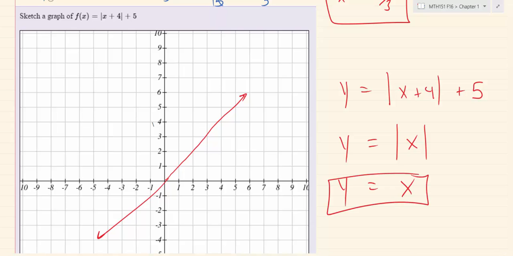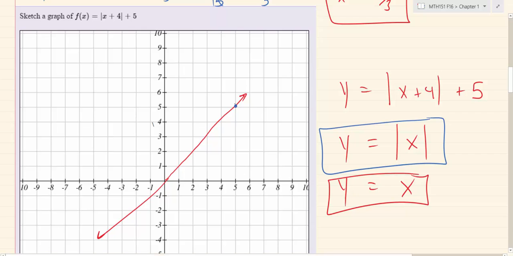Now let's graph the absolute value. What does the absolute value do to a number? Makes it positive, right? Absolute values are always positive. So when you have a value here that's positive 5, what's the absolute value of positive 5? Positive 5. What about positive 4, positive 3, positive 2, positive 1, 0? What's the absolute value of negative 1? Positive 1.